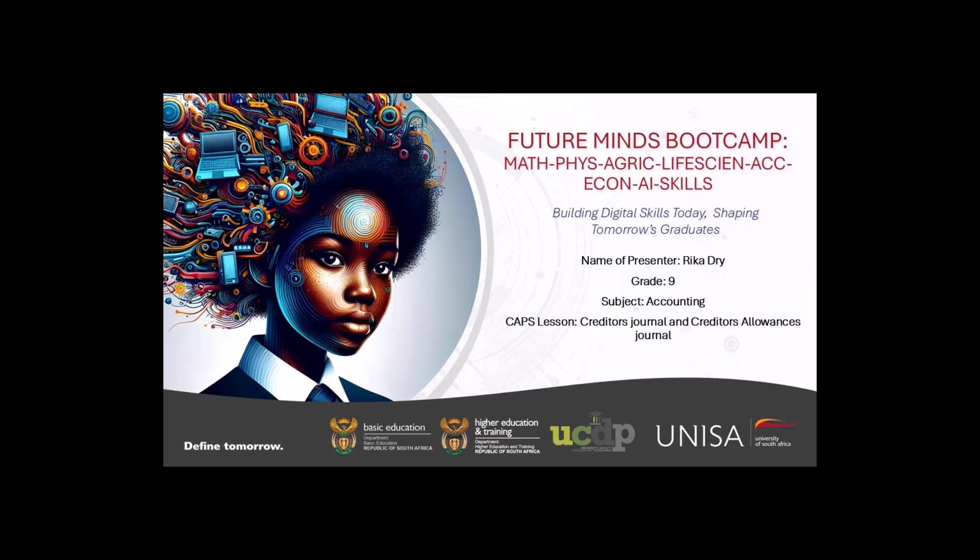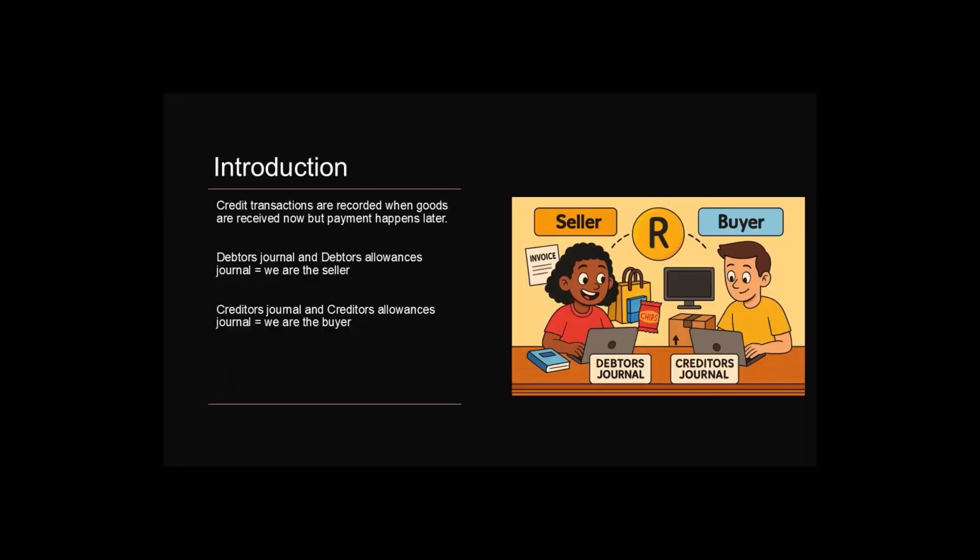By the end of this lesson, you'll know what types of transactions go into each journal, which source documents to use, what each column means, and how to record the information from the source document in the applicable journal. Ready? Let's get started.